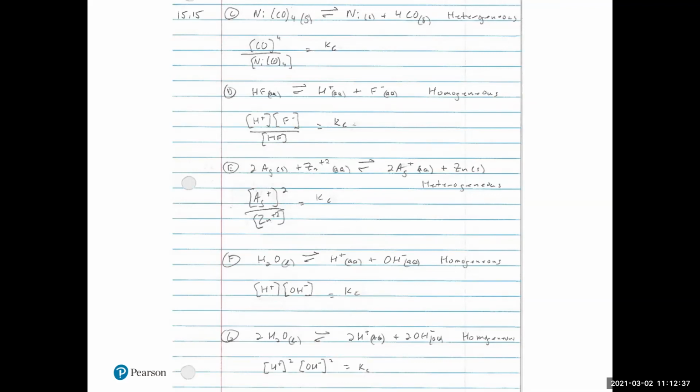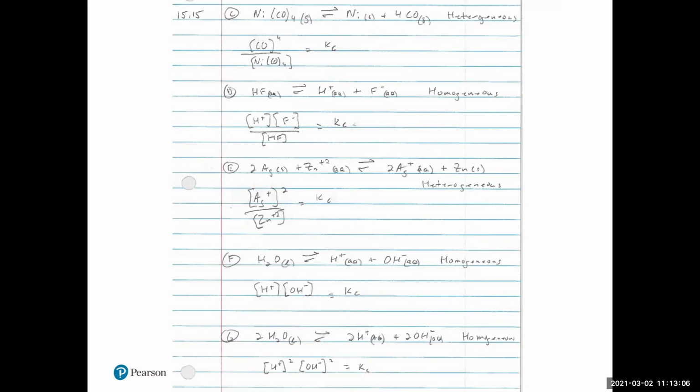The Ag+ in my balanced equation has a coefficient of 2 in front, so that Ag+ molar concentration is squared. Zn2+ doesn't have a coefficient in front, so that just stays as is. The other thing on this, because I have aqueous solution and solids, it's a heterogeneous reaction, so I've got more than one phase.